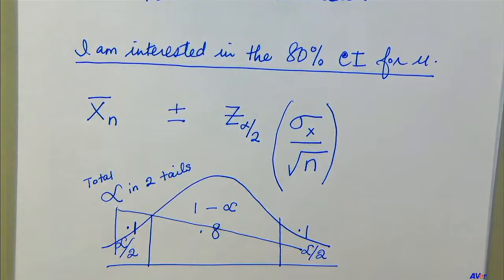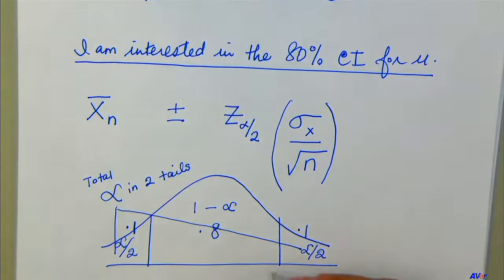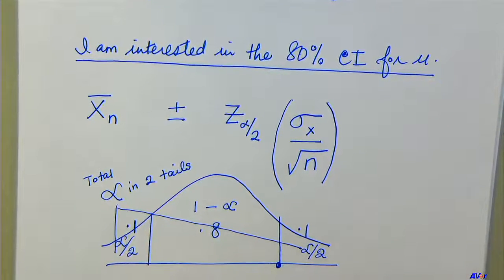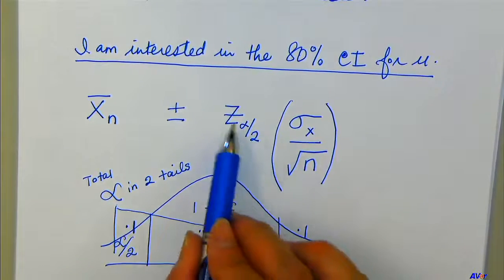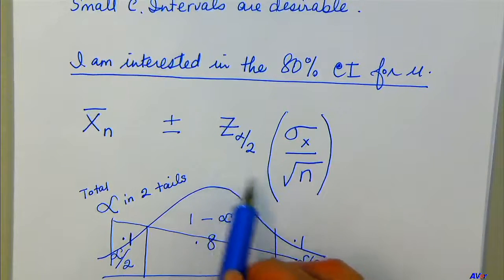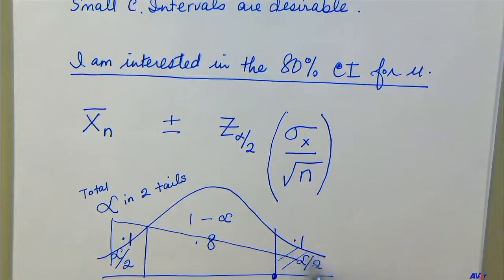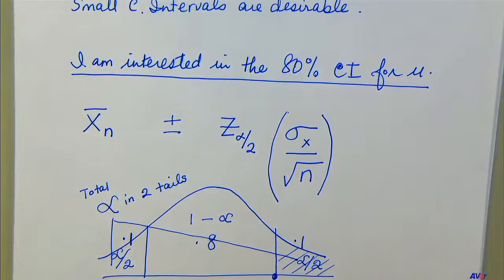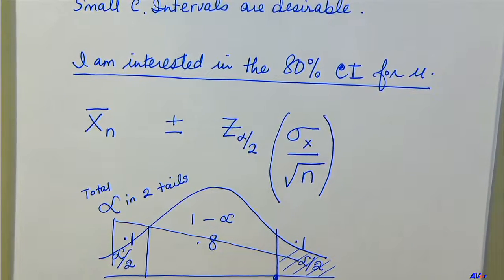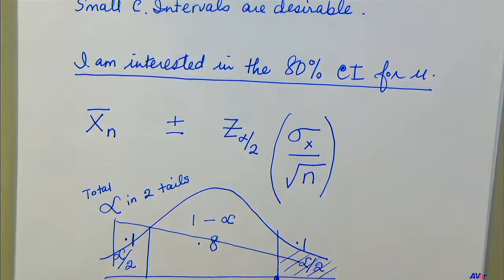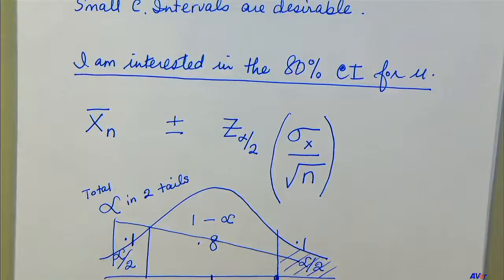That means that I can go to my t-table and look up 0.10 column, and I would have this number. Correct? That's why it's called Z sub alpha over 2, meaning alpha over 2 is the area in the right tail past this number. This one is minus Z alpha over 2 because Z is a curve that's symmetric about 0.